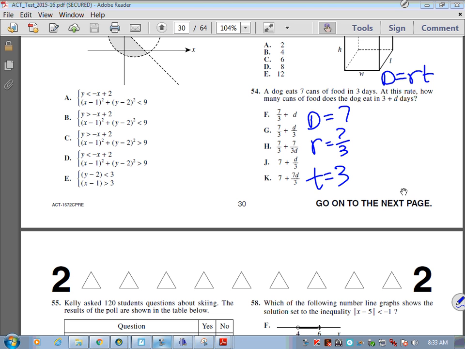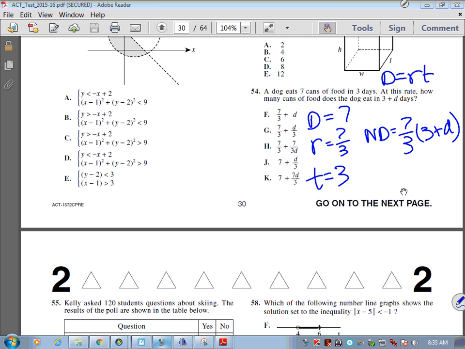So what I'm trying to solve for is the new D, which should be the new rate times the new time. Well, we're not changing the rate. Our rate is still 7/3, but we are changing the time to 3 plus d. So I need to take 7/3 times 3, and then 7/3 times d. What's 7/3 times 3?